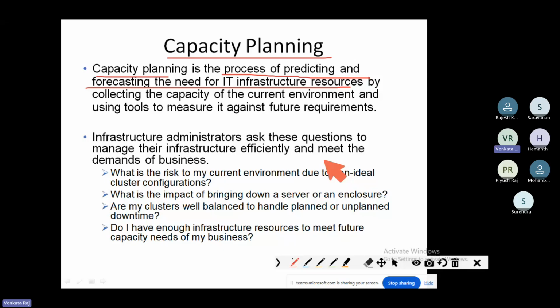Now, when the application is being developed, your development team, primarily your solution architect, will understand the requirement of the application, how much hardware is required. And when I'm talking about hardware, I will have different vendors providing those hardwares, right?